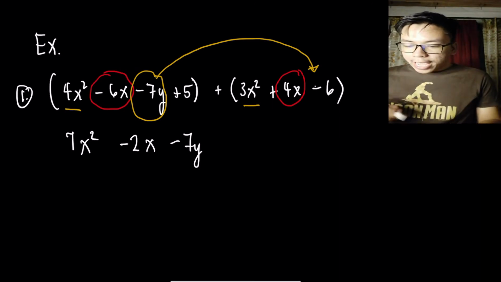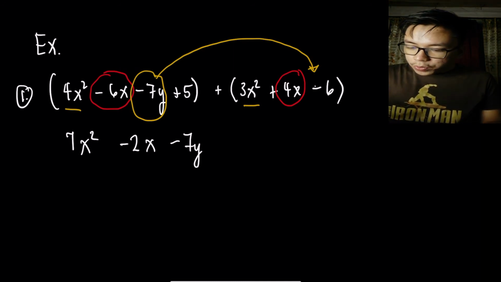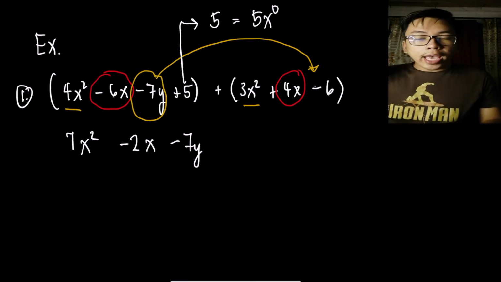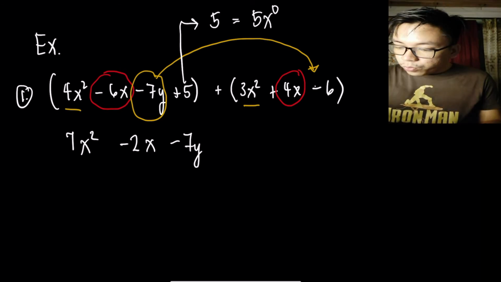5 has the same kind of term as negative 6. Why? Here's the thought about that. 5 here can be written as 5x to the 0. Remember, any value that is raised to 0 is 1. So that's technically 5 times 1 equals 5. Same with negative 6.